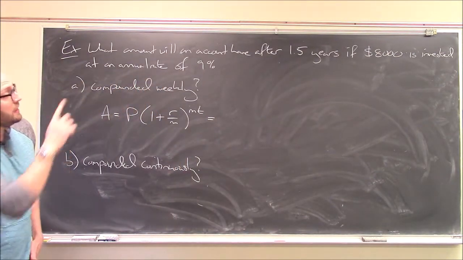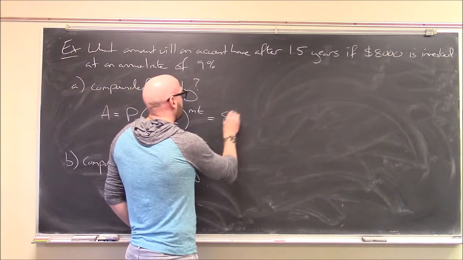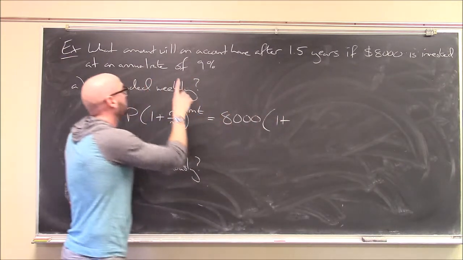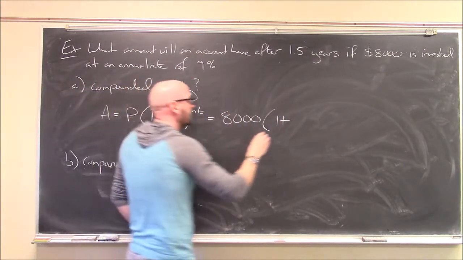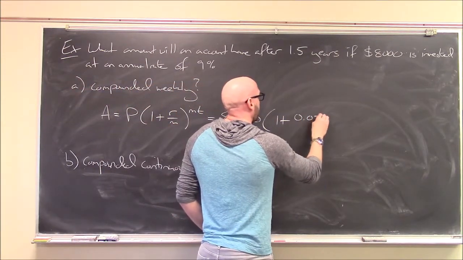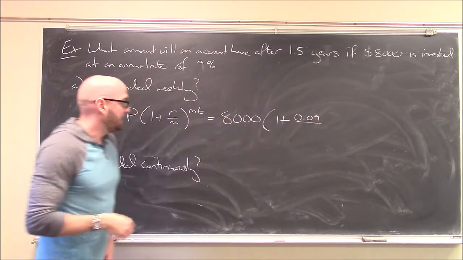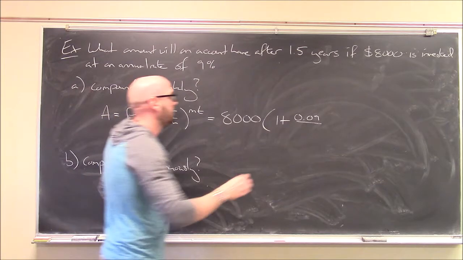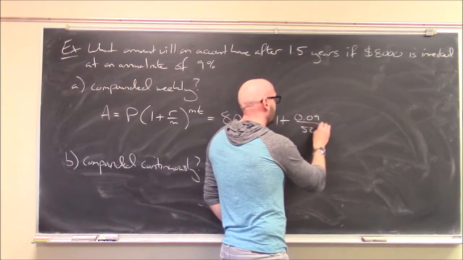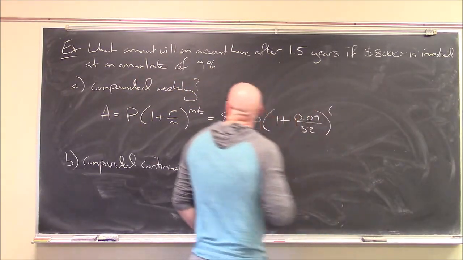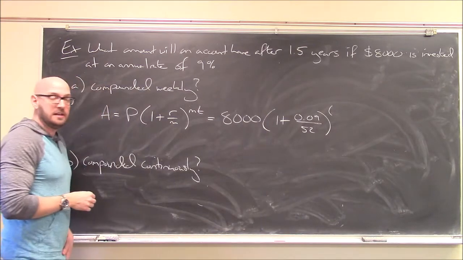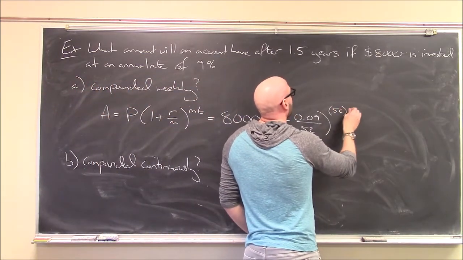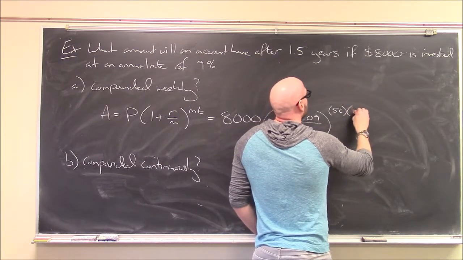Our principal is $8,000, times 1 plus our rate, 9% is 0.09, over the number of compounds, M. So we're compounding weekly, there's 52 weeks in a year, so 52 compounds, to the power of MT, so 52 times 1.5 years.